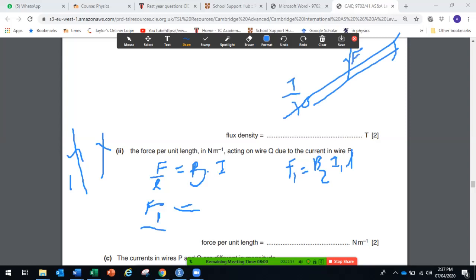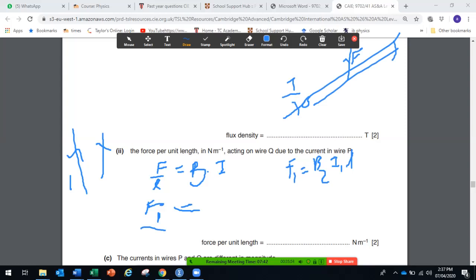Sir, but one question, sir. For the magnetic flux density, the first part, we use the current of wire P. The second question also says due to the current in wire P. Why don't we use the current of wire P?